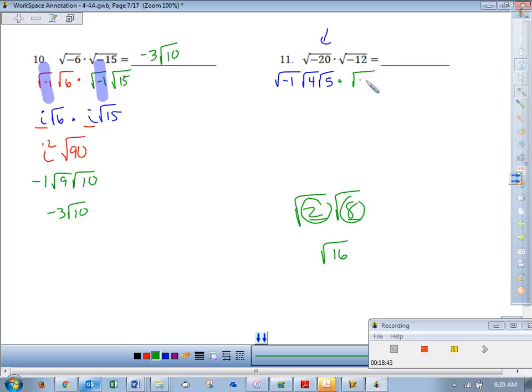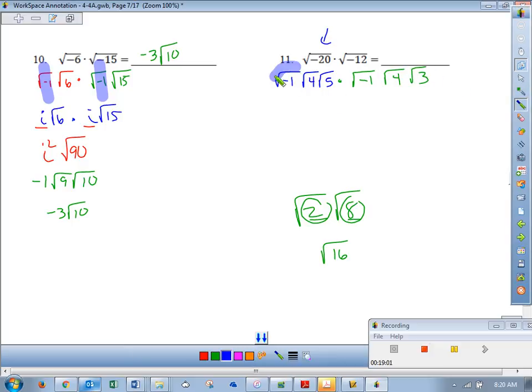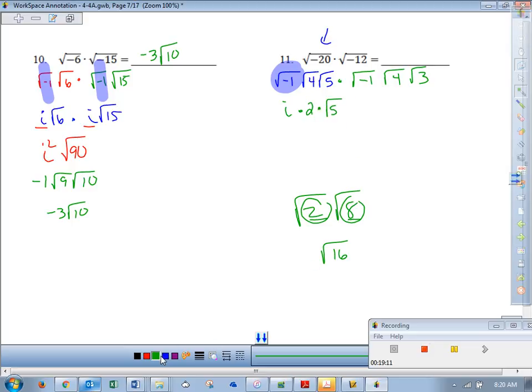Notice I'm using different colors also. You might do that on OneNote to see the two different terms that you had. I did all this in blue. Now I'm doing all this in green. What's the biggest perfect square that goes into 12? 4, 3 times, right? Now, let's do all kinds of simplifying. This turns out to be what again? i. Square root of 4 is 2. Square root of 5 is square root of 5.